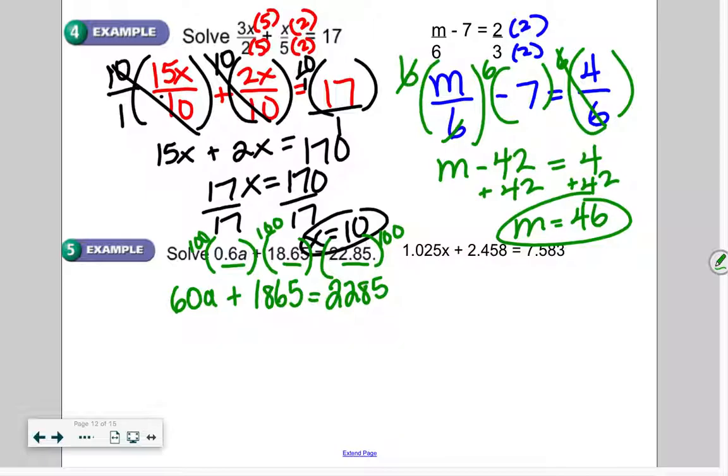Now you're back to our standard two-step equations. So now what? Subtract 1,000. You get 60A equals 420.